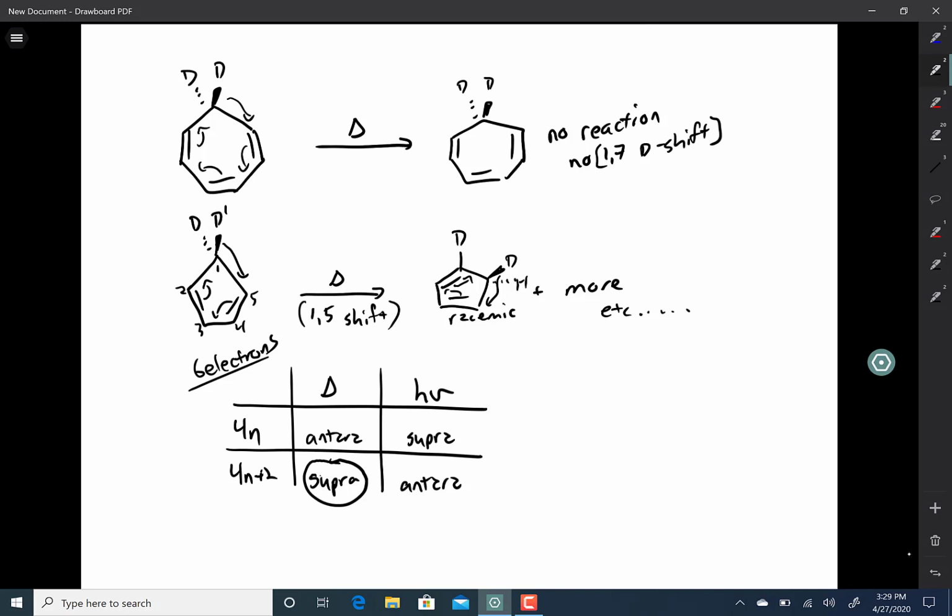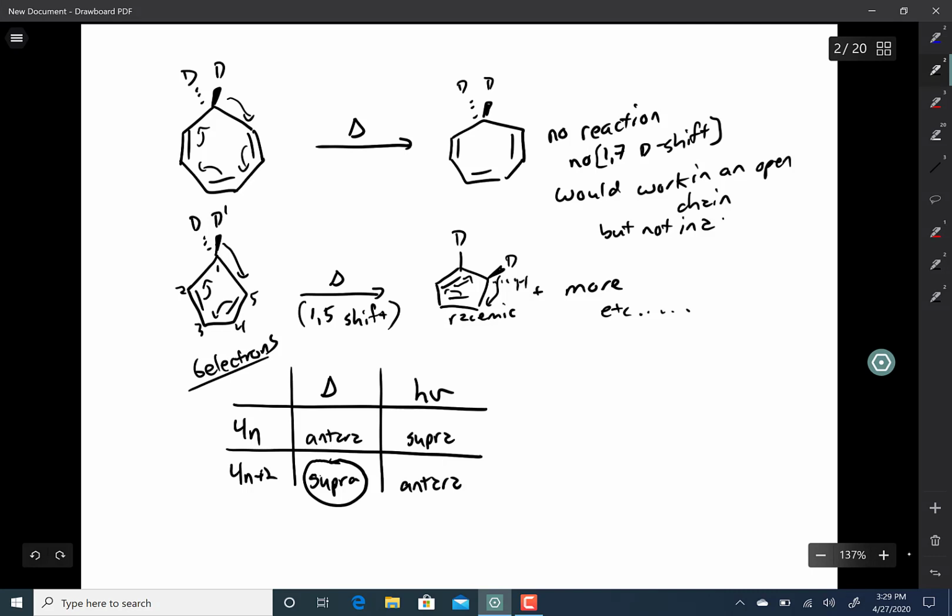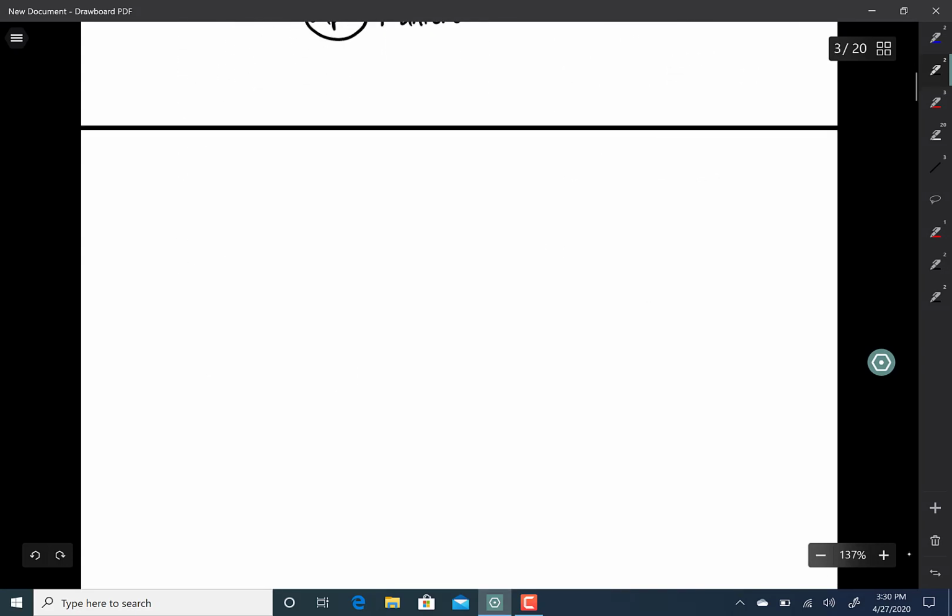So let's talk about the differences between these and why this one would work in an open chain but not in a closed chain. So let's break this down to the simplest components.